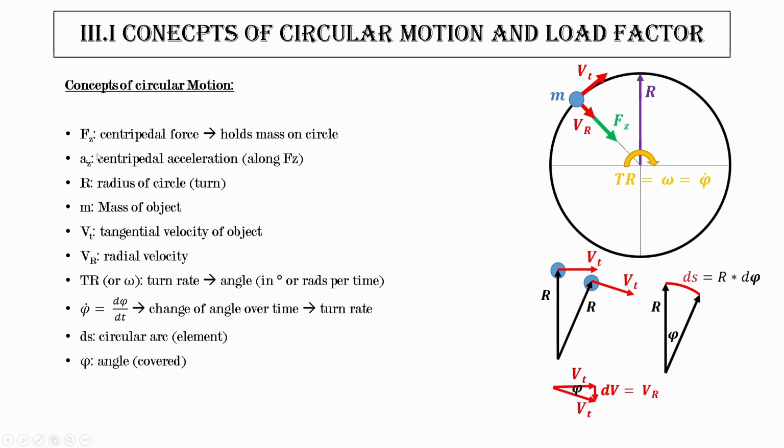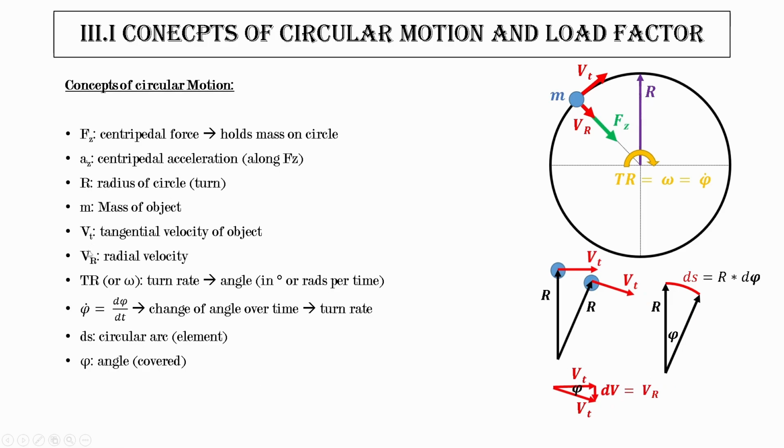The only thing that's not shown in the picture is our centripetal acceleration, but obviously this acts along the centripetal force, because eventually this acceleration is what's causing this vector to bend. And you also may remember that force equals a times m, so we will see that in a bit anyway.